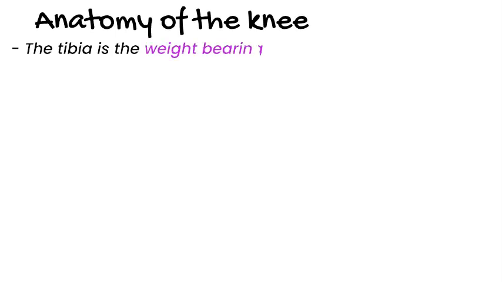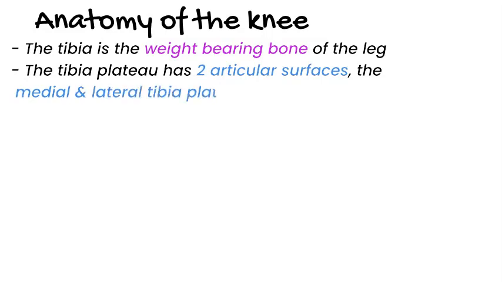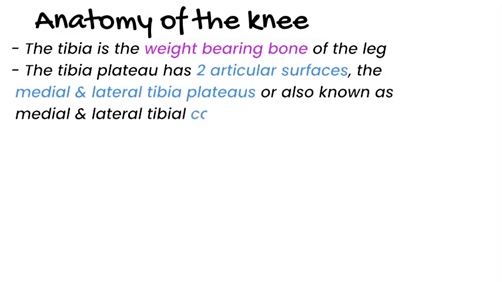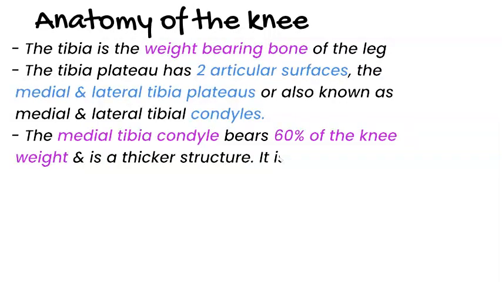Regarding anatomy of the knee, the tibia is the weight-bearing bone of the leg. The tibia plateau has two articular surfaces, the medial and lateral tibial plateaus, also known as the medial and lateral tibial condyles. The medial tibial condyle bears around 60% of the knee weight and is a thicker structure.